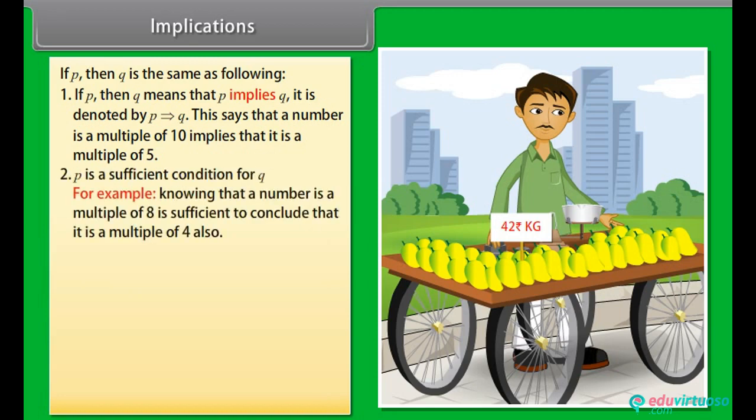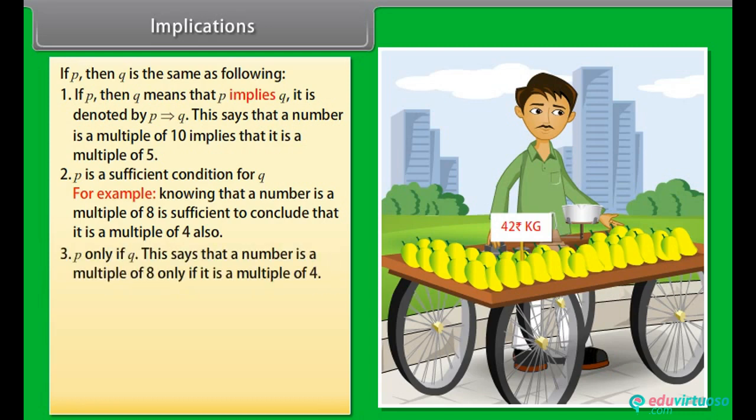P is a sufficient condition for Q. For example, knowing that a number is a multiple of 8 is sufficient to conclude that it is a multiple of 4 also. P only if Q. This says that a number is a multiple of 8 only if it is a multiple of 4.